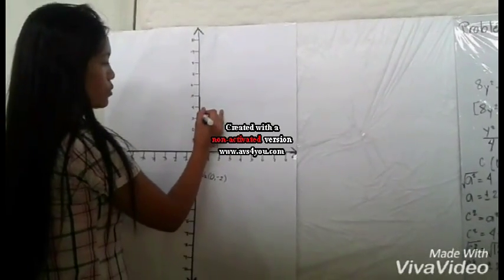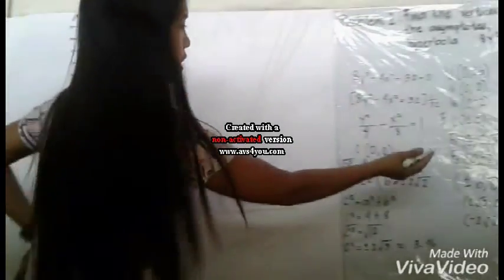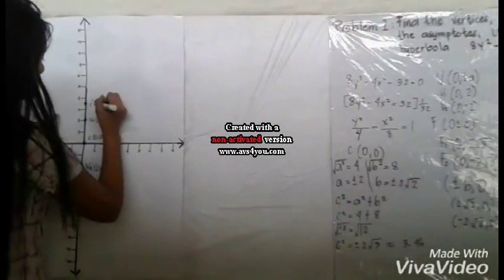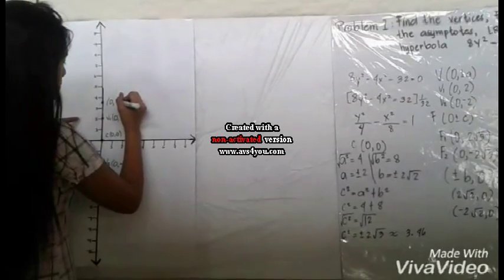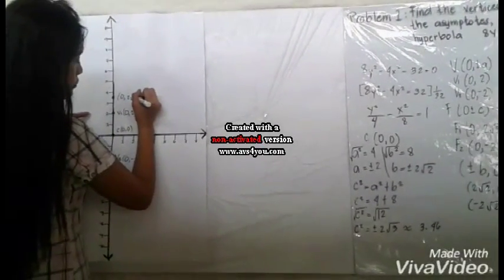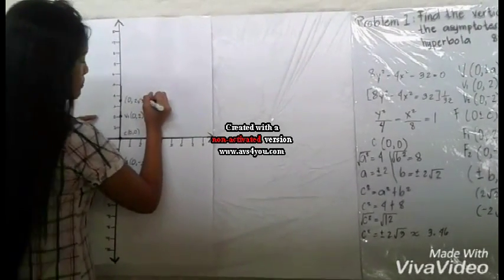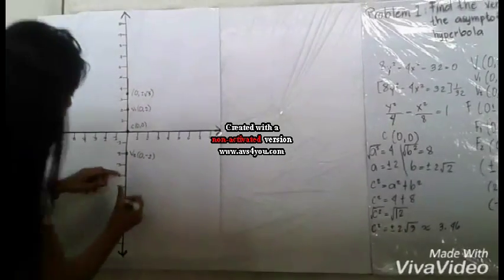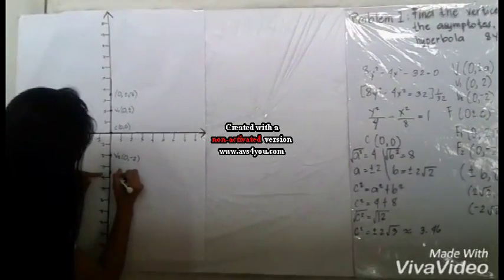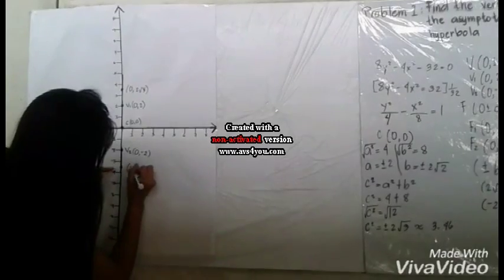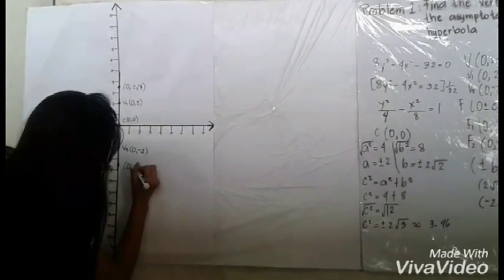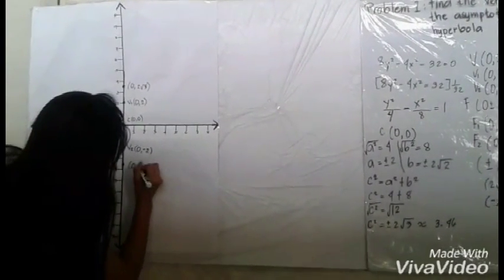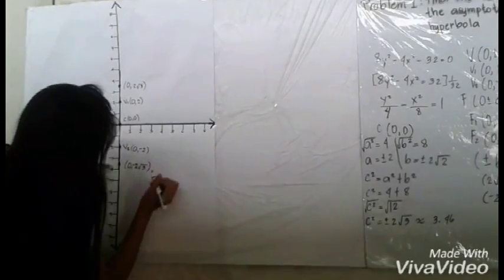So our focus 1 is 0 and positive 2 square root of 3, and also this is our focus 2, 0 and negative 2 square root of 3.